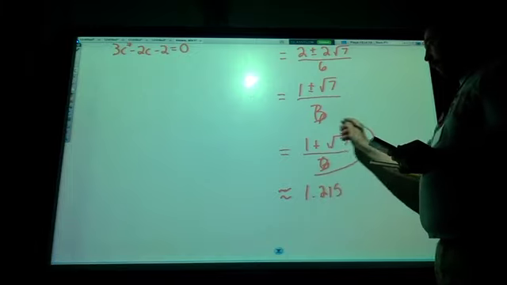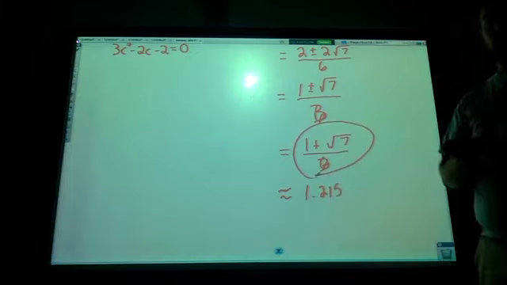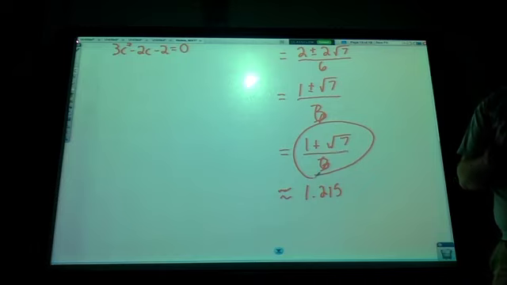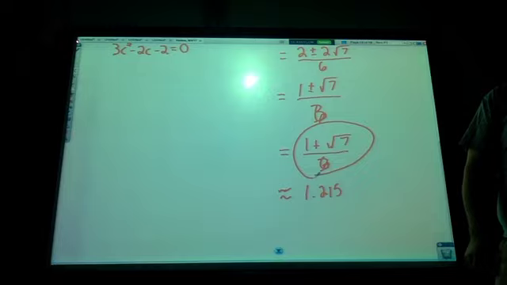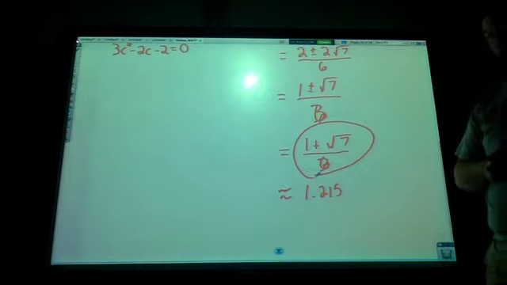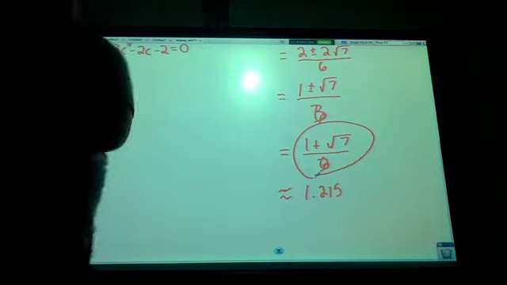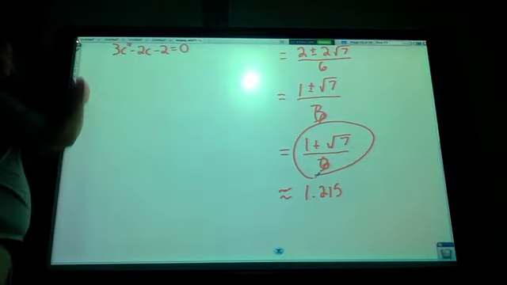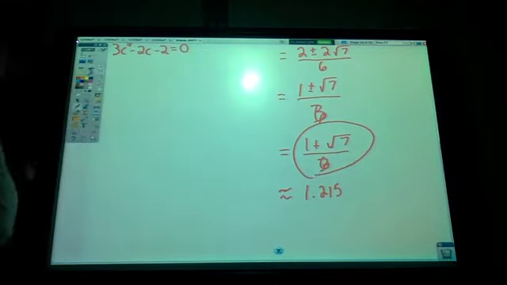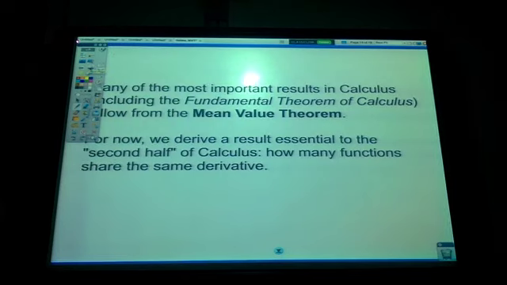So this one right here, 1 plus the square root of 7 divided by 3, or approximately 1.215, is that c between 0 and 2 that's guaranteed to have the slope of the secant line at that point. Mean value theorem guarantees it. All right? So again, that was the illustration. You'll have to do it. But not really totally the main point.